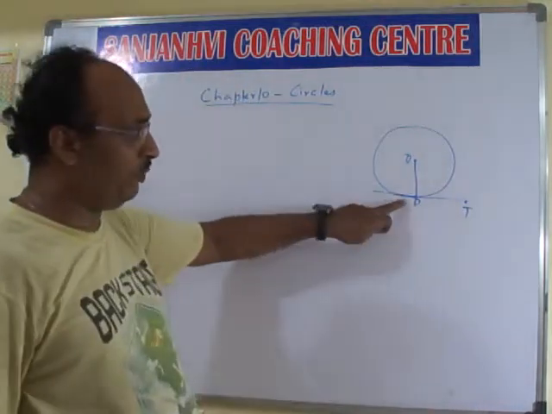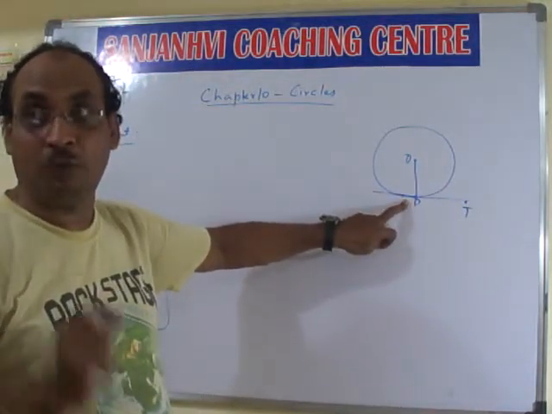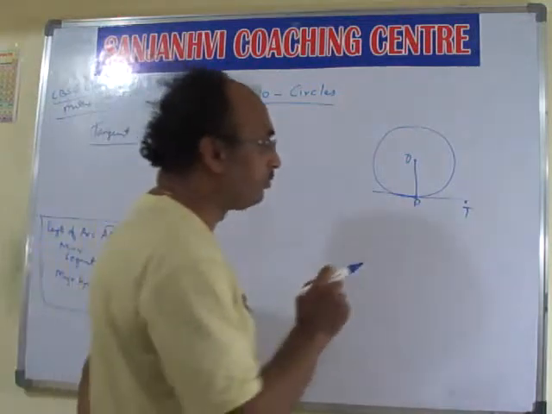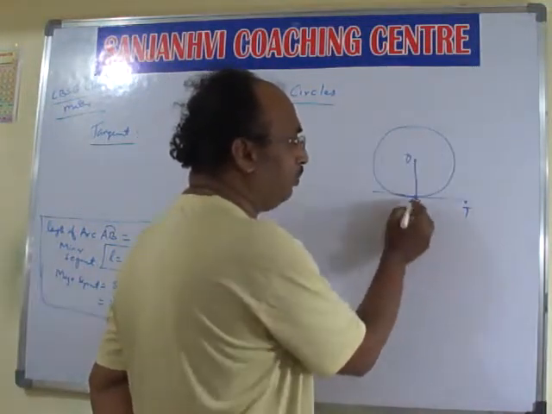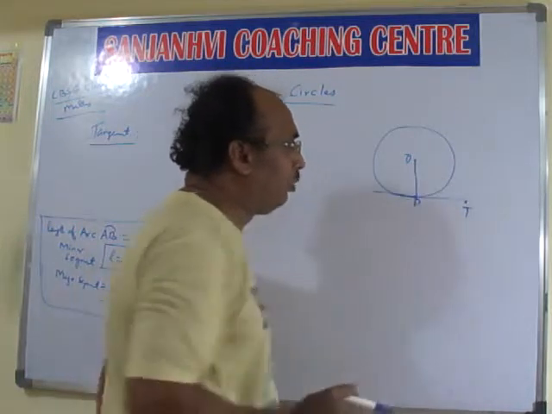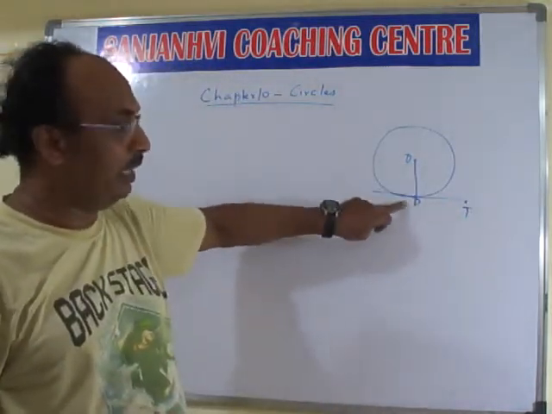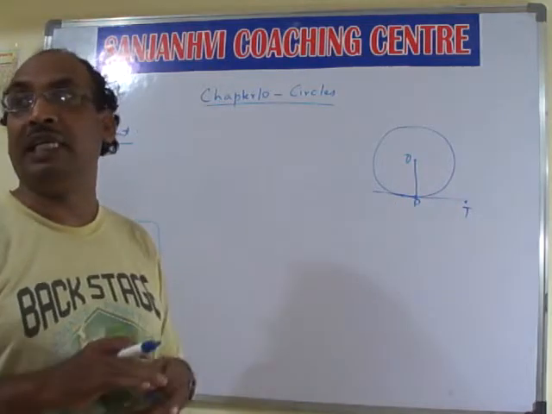P is called the point of contact of this tangent on the circle. Now this OP is always perpendicular to the tangent.